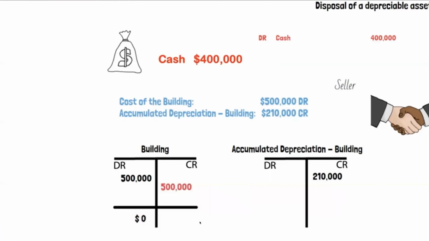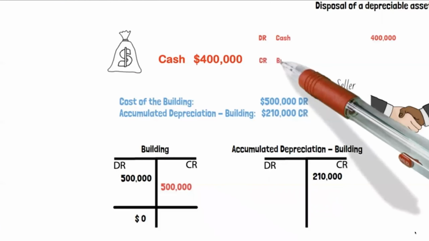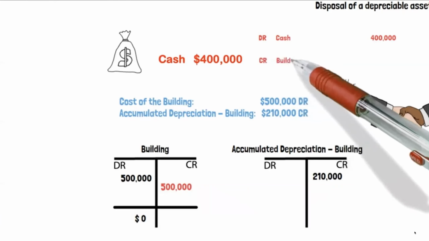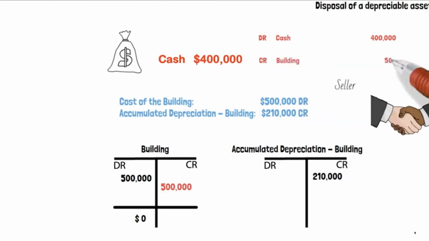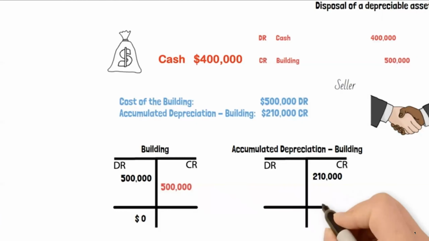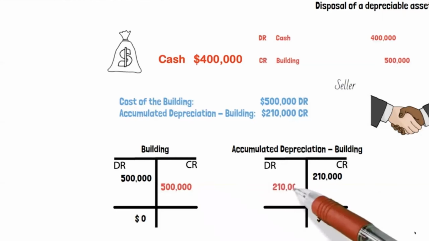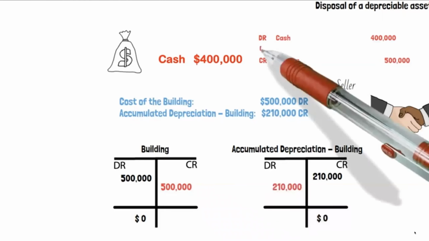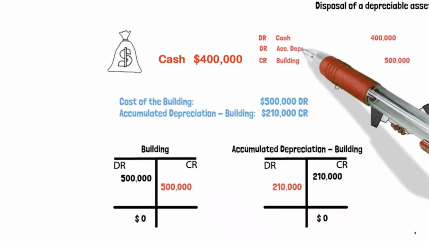Therefore, we have to credit building for 500,000 to make the building T account have a 0 balance. Similarly, the cumulative depreciation account should have a 0 balance. So we have to debit this account for $210,000.